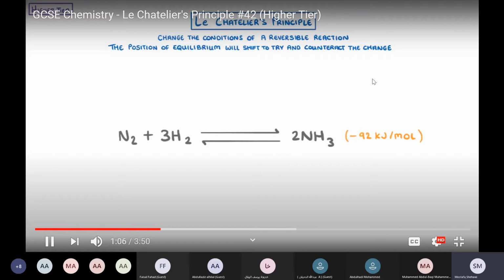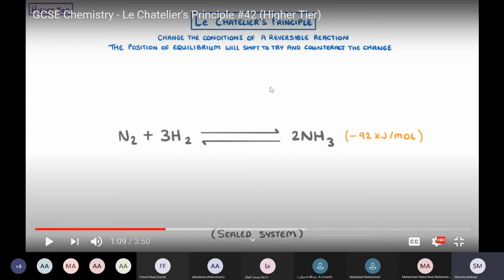And imagine that it was being done within a sealed system. Again, we said yesterday that to apply Le Chatelier's principle or to have an equilibrium point, we must conduct this chemical reaction in a sealed, closed system, so none of the reactant or product will escape from the medium of the reaction.